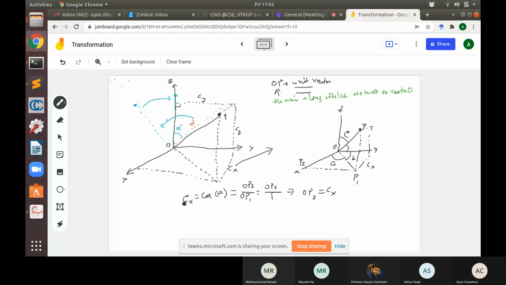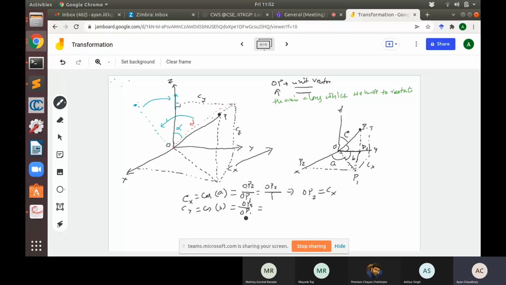Similarly, Cy is equal to cos B, and we consider this triangle. Let's call it P3. We write it in terms of the base and hypotenuse: OP3 by OP1.